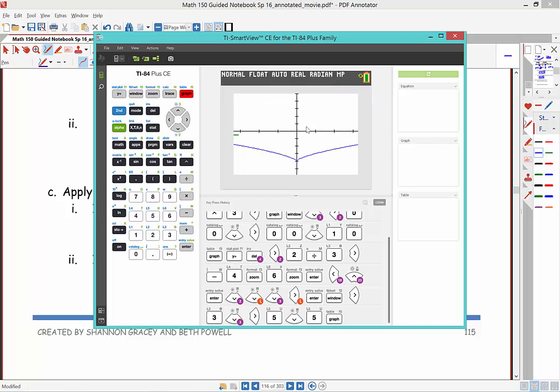Okay, and so see how it bounces right there? So basically, it means that at X equals 0, the derivative does not exist. That whole derivative graph has a vertical asymptote there.